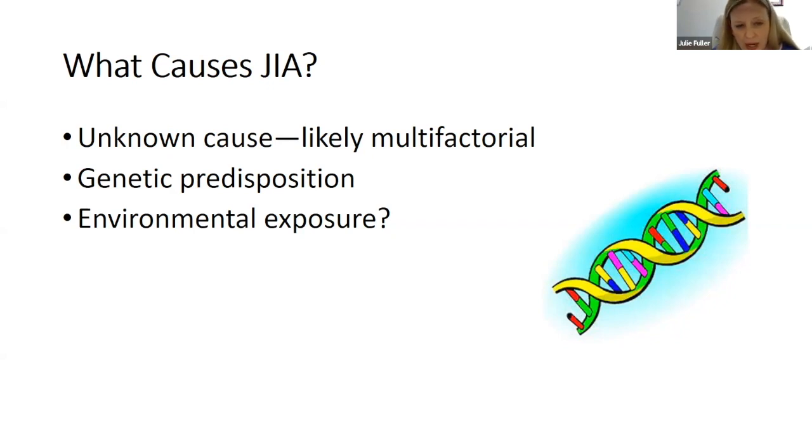They have looked at a variety of environmental exposures. For example, certain childhood illnesses. We do know that there is an incidence of reactive arthritis following strep infection, but that's not also a chronic arthritis. And we have not been able to identify any specific viral illnesses or vaccinations.